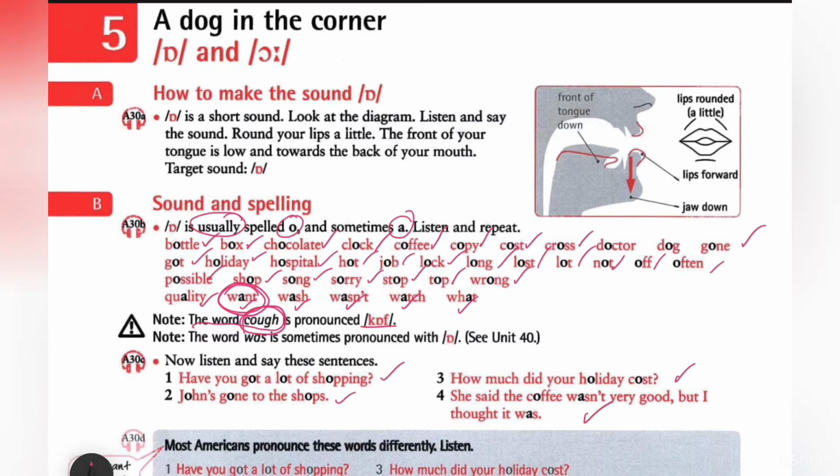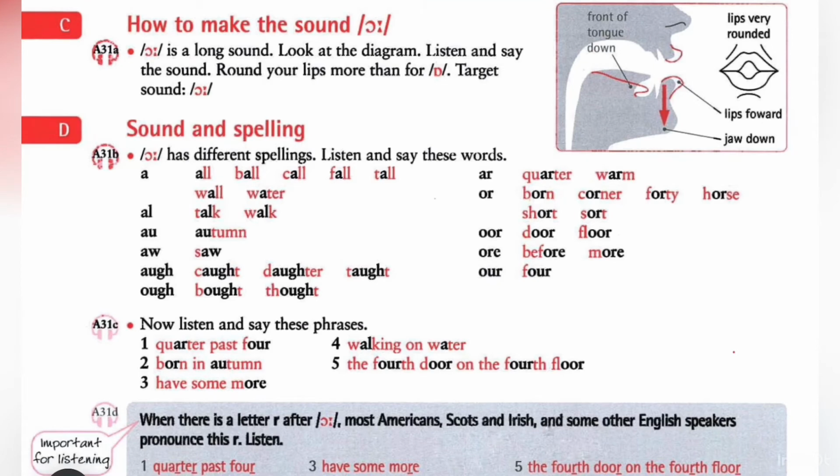Okay, let's go on with the next sound. Yes, remember that the sound is a little bit in the middle. It's a back sound. I mean, the back part of your tongue is used here. But the front of your tongue goes to the back, but it's in the middle.